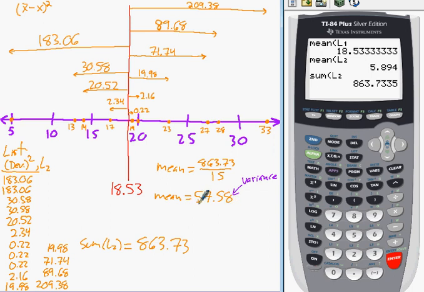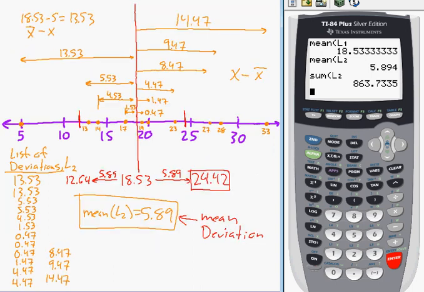You'll notice 57.58 is a pretty huge number in comparison to the mean. If you remember what we did back on the previous page with mean deviation, we took our mean and then we added up 1 and down 1, and that got us about 50% of our data. And we were only adding 5.89.